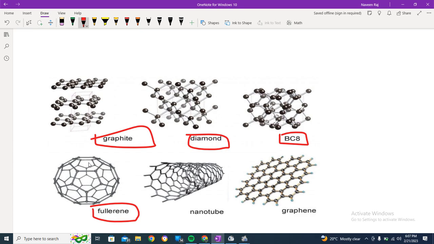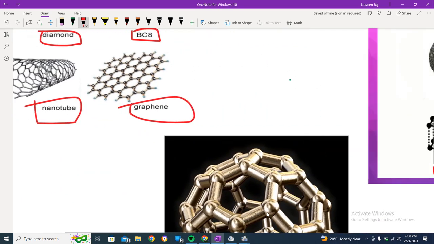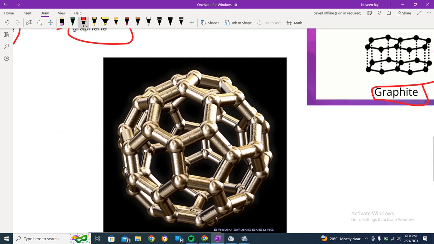It was named by a scientist after a ball-shaped building by Buckminster Fuller. Due to the ball-like arrangement, it is also called buckyballs. And we have nanotubes and graphene. Here is the buckyball arrangement, a complete 3D web, with its own properties.